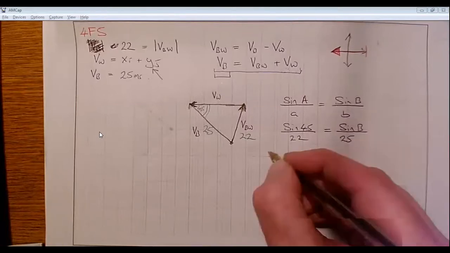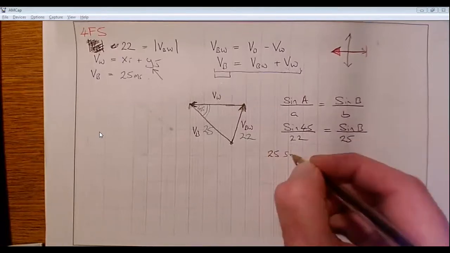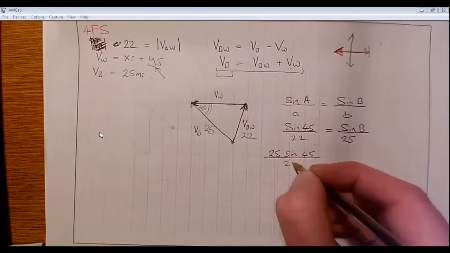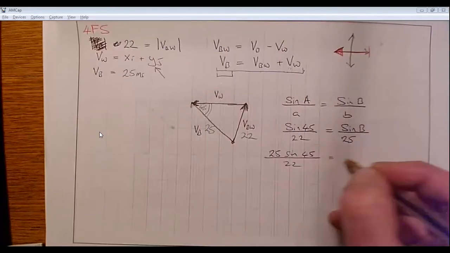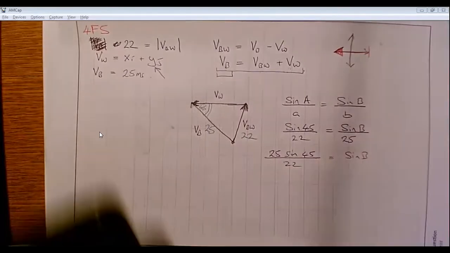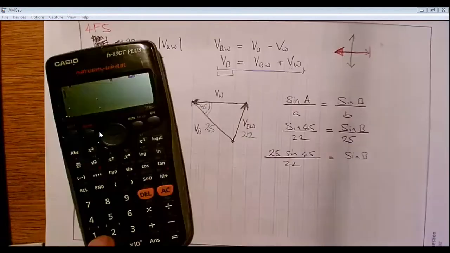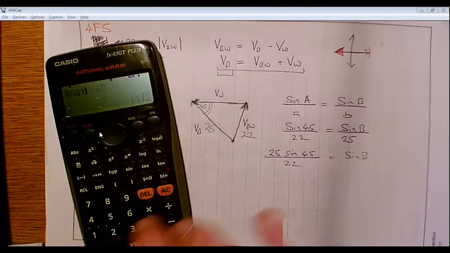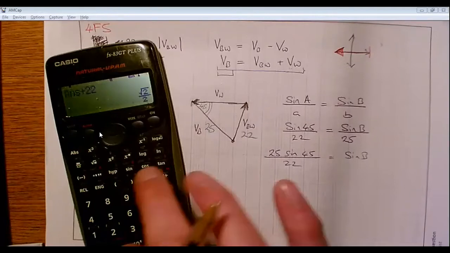So 25 times sine 45 all over 22 is equal to sine B. There's root 2 over 2.